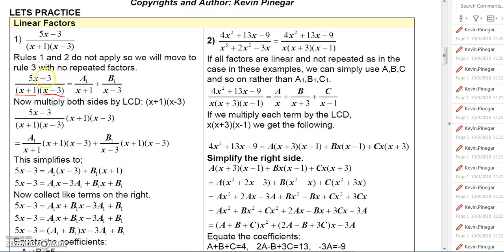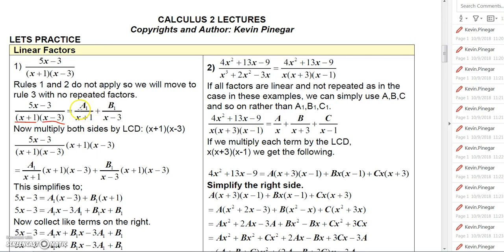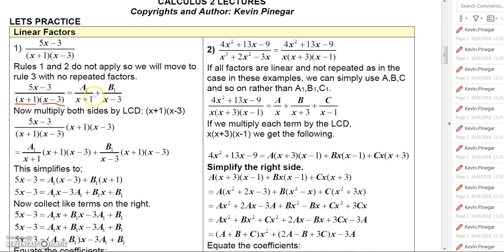So I can break this up into some constant over x + 1 plus some constant over x - 3. Now, one way to solve for those constants is to simply multiply all of the terms by the lowest common denominator.